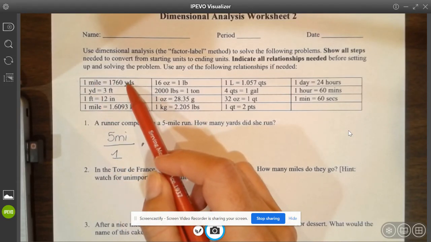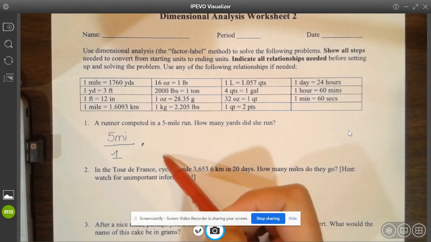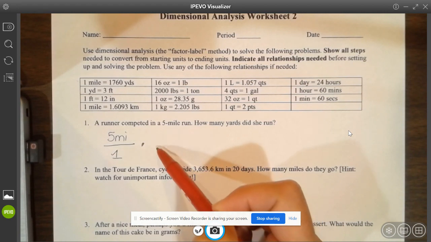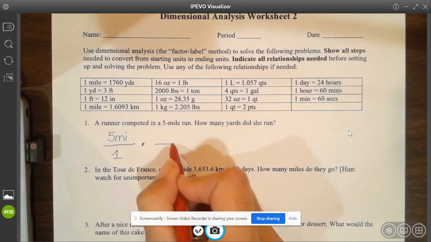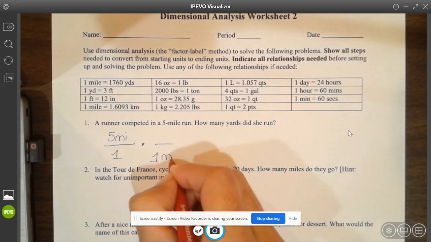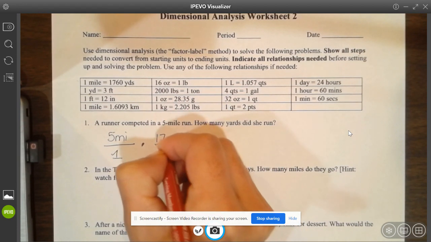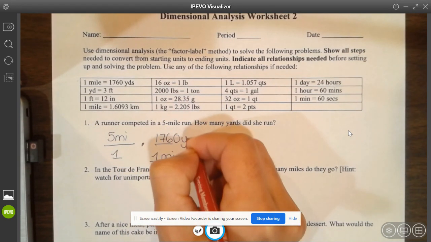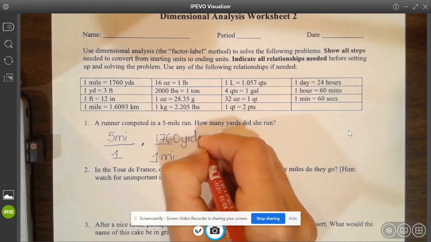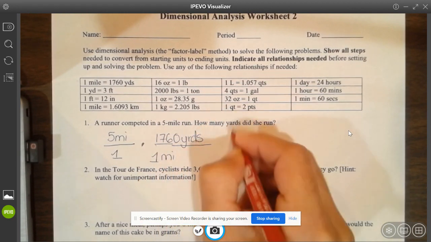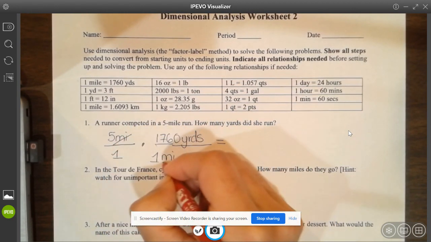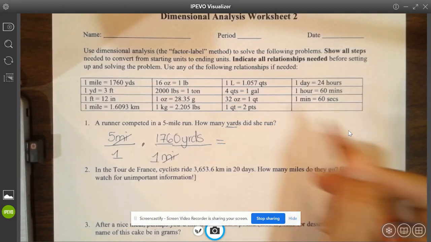We put mile on the bottom so we can cancel the units, and our answer will be in yards.